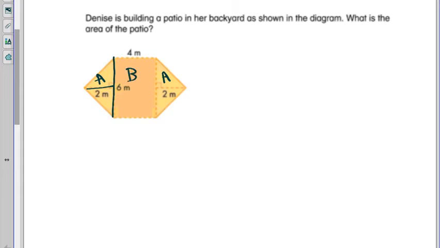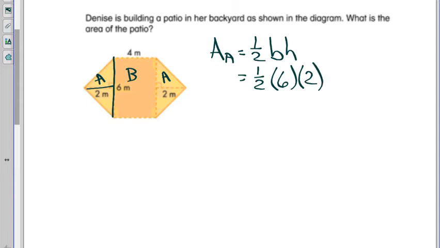And I'm going to start out, of course, with my formula. The area of shape A is 1/2 base times height. I'm writing this formula every single time because that's going to tattoo it to my brain so I never forget and I don't make mistakes later on. I'm going to substitute in 1/2 times 6 times 2. I didn't put the units. I will put the units there in the end, but sometimes when we get more complicated figures, it helps with the clutter.